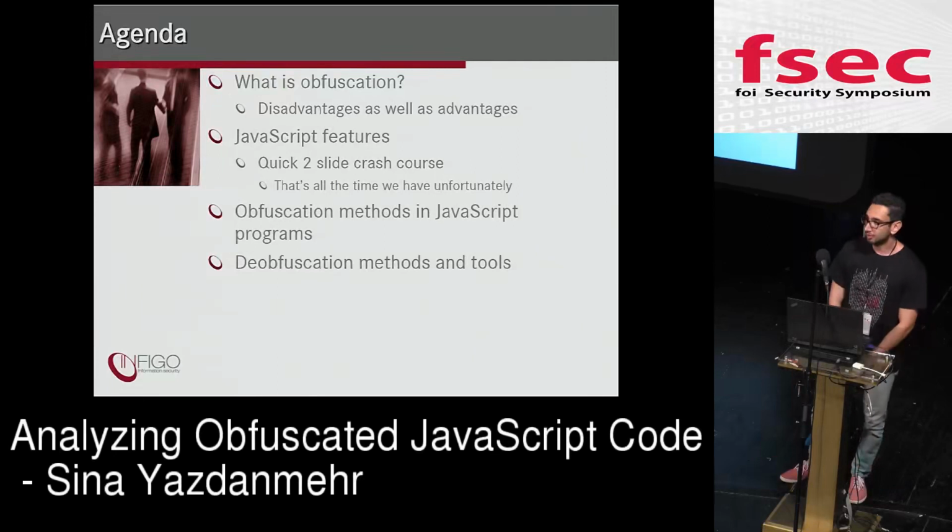Due to the time shortage, I won't be able to completely elaborate on this part, so I will just briefly explain some JavaScript abilities which are more important in obfuscated code. I assume you know the concepts and basics, especially in JavaScript. Then I will focus more on obfuscation methods, and finally, obfuscation tools.